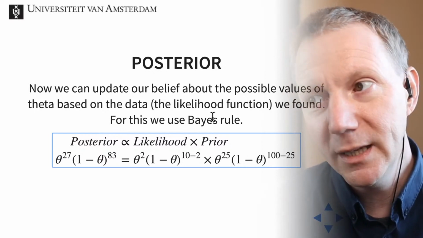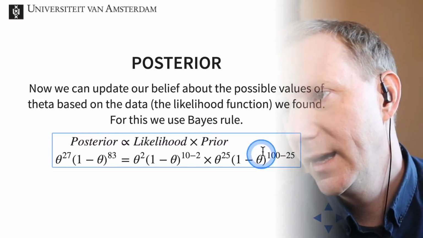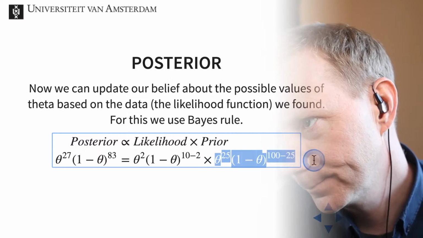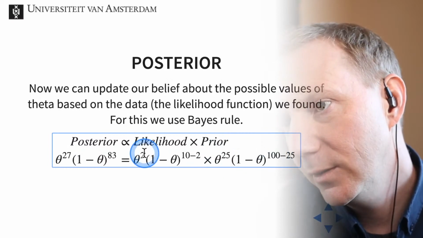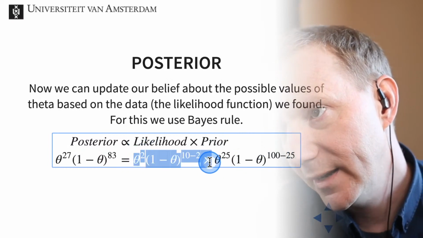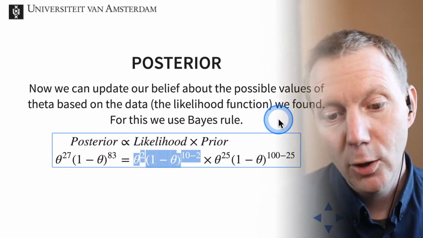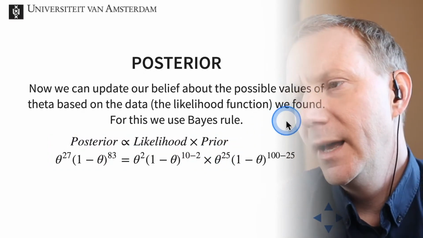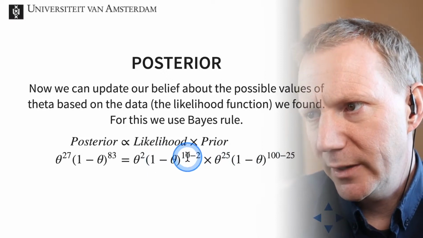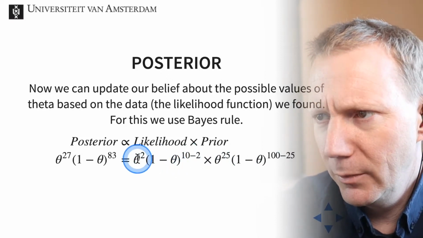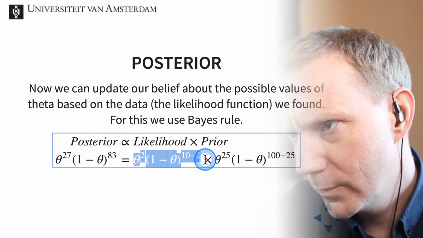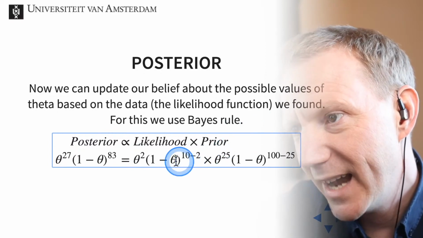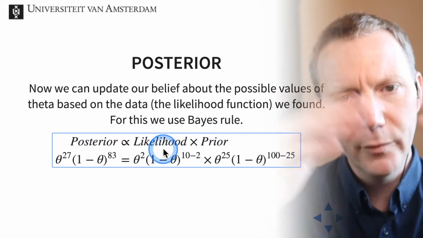One for my prior belief, that's this one, and one for the actual data, which is also a binomial distribution. So you have to realize that these formulas actually determine the shape of your distribution.